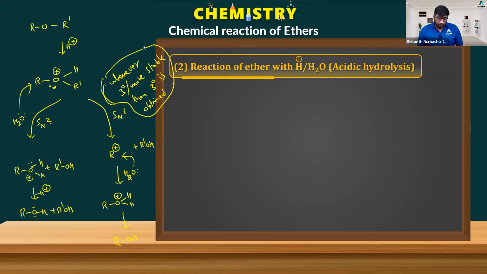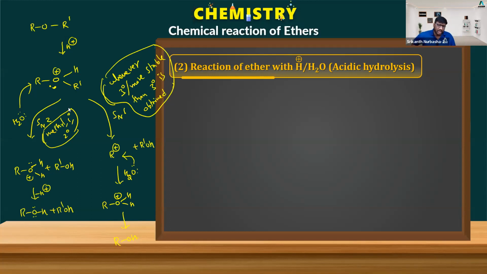If it is methyl, primary or secondary, in that case you have to proceed with the SN2 path. Is that logic clear or not? SN2 path you follow whenever you have methyl, primary or secondary. SN1 you follow whenever we are producing a 3 degree or more stable carbocation.